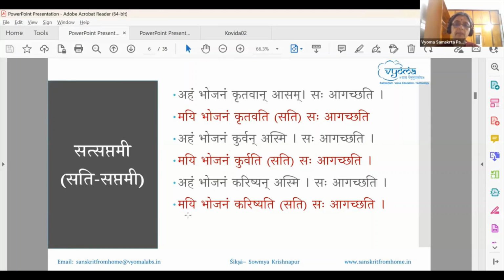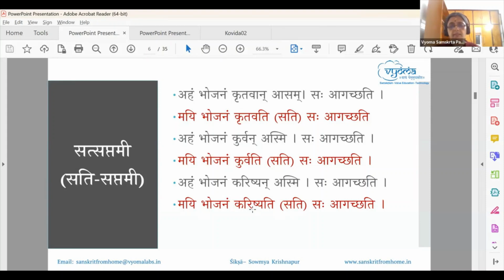So here it will be mai bhojanam karishyati. So the karishyan is again the takaranta karishyat shabdaha. Saptami will be karishyati. Sati saha agachati. So the Sati is also an adjective to this Mai and Karishyati, because it will have the same Linga, Vibhakti, Vachanam as... Vibhakti is of course Saptami only.